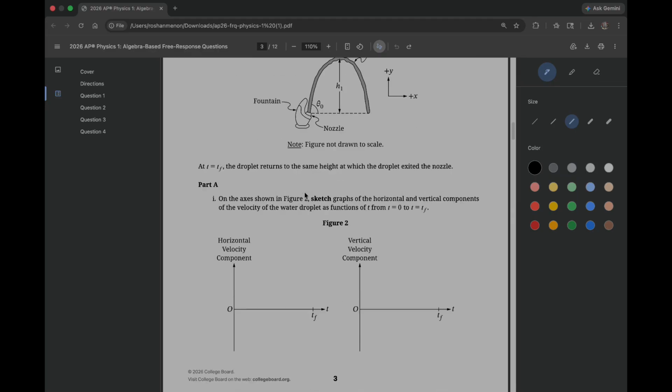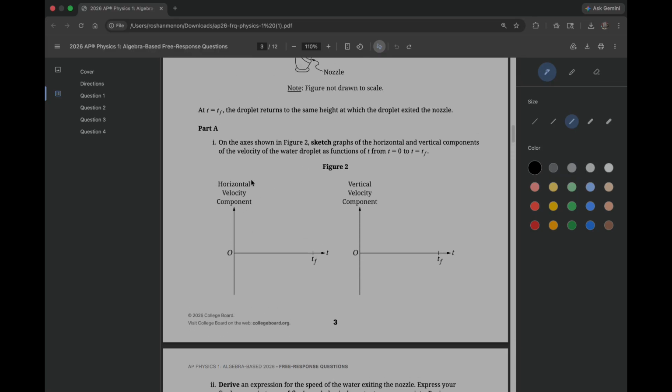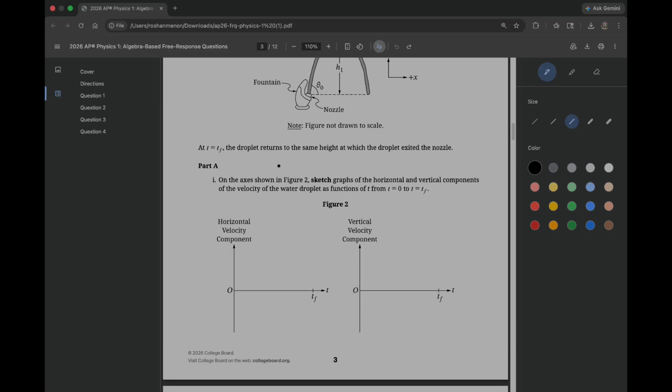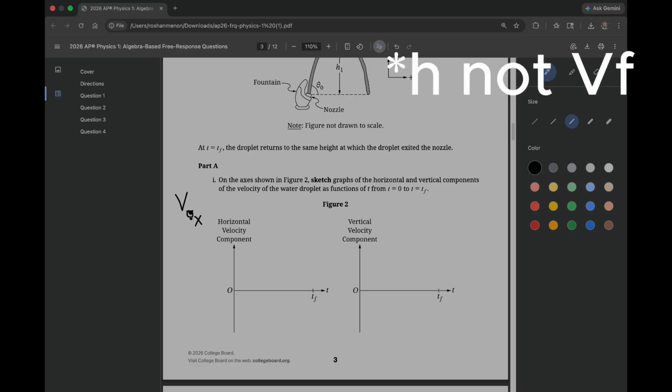Now we've got to sketch graphs of the horizontal velocity and the vertical velocity. For projectile motion, there's no acceleration in the horizontal direction. So the horizontal velocity, vfx, would be just equal to vox.